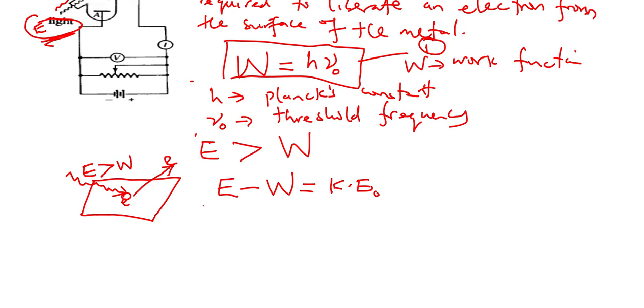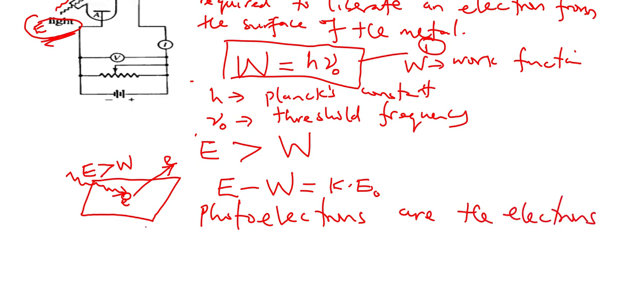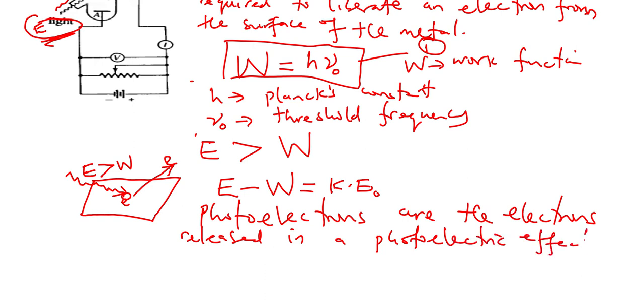The photoelectrons are the electrons released or liberated in a photoelectric effect experiment.